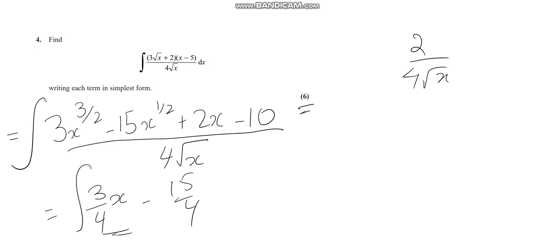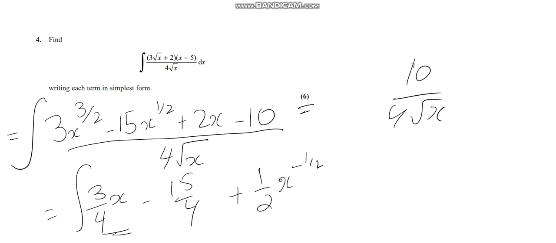This will become a positive x to the power minus half, because I took that root of x from the denominator to the numerator, and whenever a power moves from the denominator to the numerator, the sign of the power changes, so that becomes half x to the minus half. And the next and last one, 10 upon 4 root x.